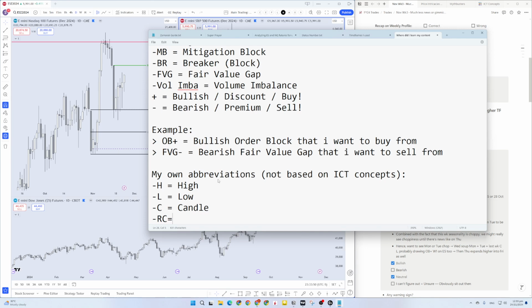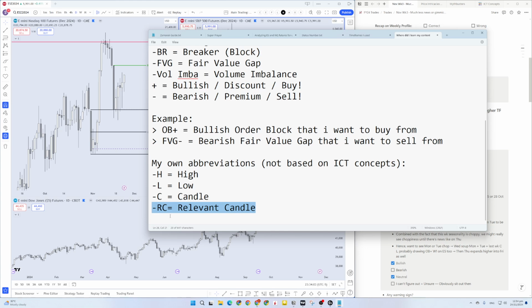RC, this is something I didn't come up with, but this is my way of calling it. It equals relevant candle. I will share more in the future about this. Basically, a relevant candle is a candle that I will pay more attention to. How I apply it, you will know in the future. But for now, just know that if you see RC, it means relevant candle.